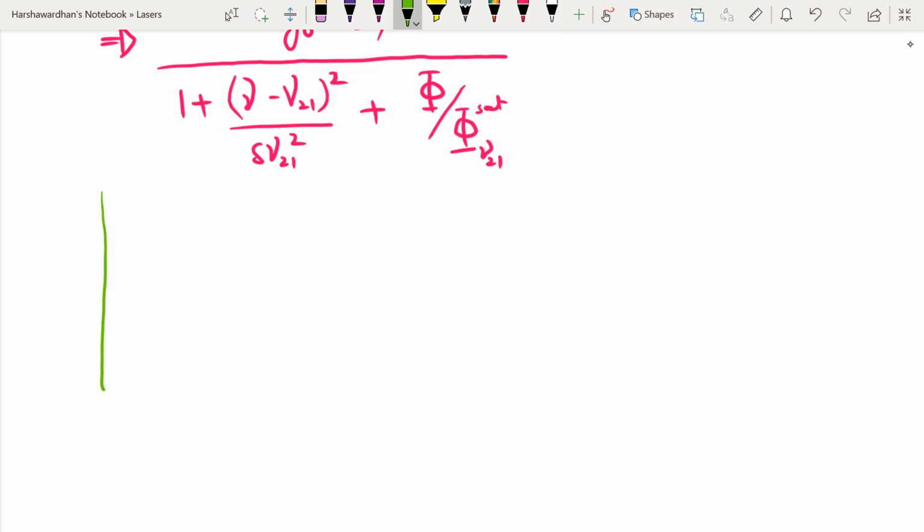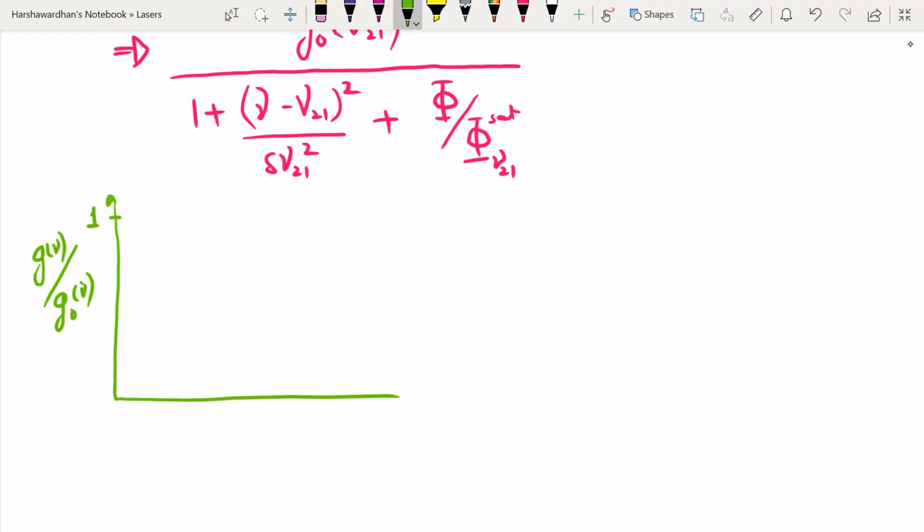I'm plotting now g of nu divided by g naught of nu, right? Gain divided by the small signal gain. And my vertical scale is going from 0 to 1 clearly, and my horizontal scale is in terms of the detuning, which is scaled detuning, that is nu to 1 minus nu, right, divided by delta nu to 1.